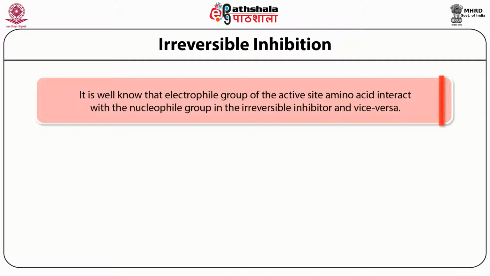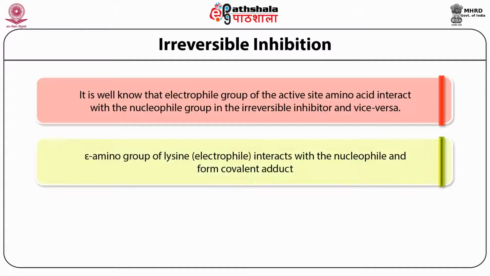It is known that active site residues have a side chain which is either an electrophile or a nucleophile. So if the side chain of the active site is an electrophile, then it will interact with nucleophile groups.